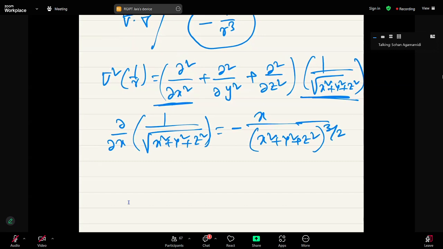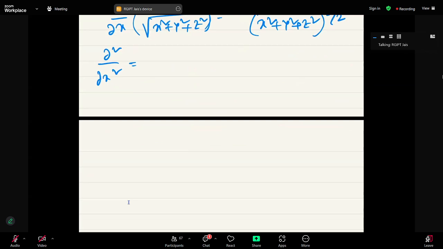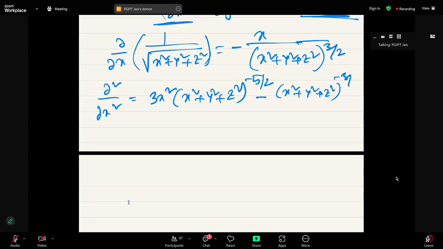So what will be del 2 del x2? First let's do this part. You will get 3x square times x square plus y square plus z square to the power minus 5 by 2, minus x square plus y square plus z square to the power minus 3 by 2.